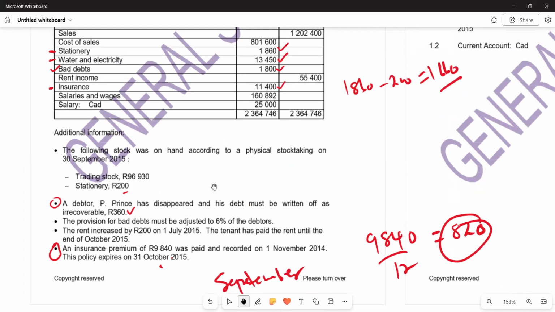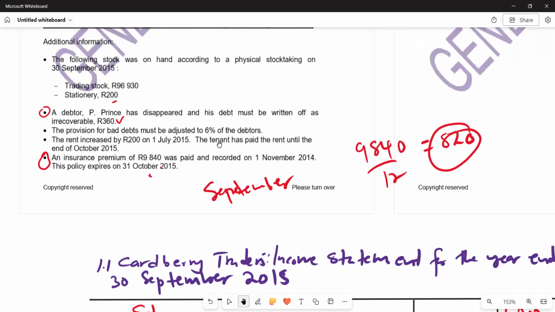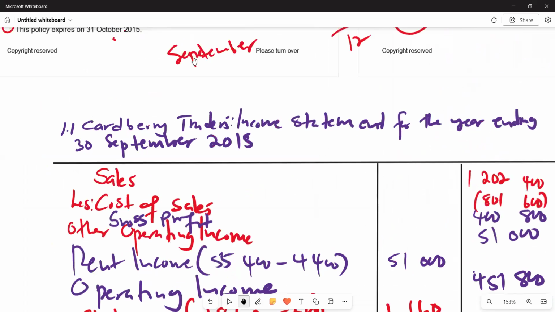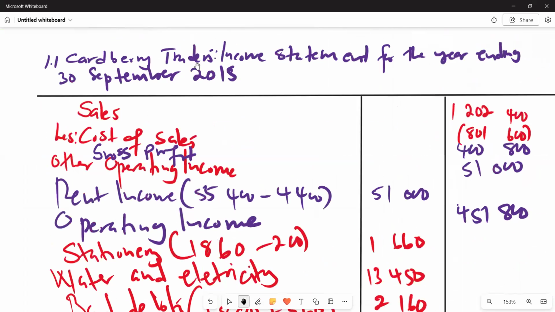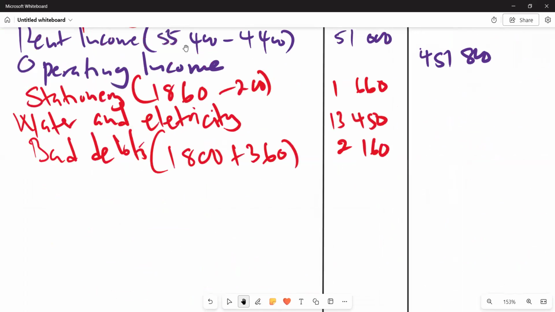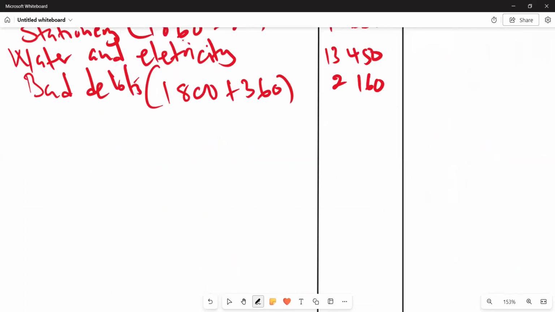So you come here and say insurance. The figure that we are given in the list of balances is 11,400.